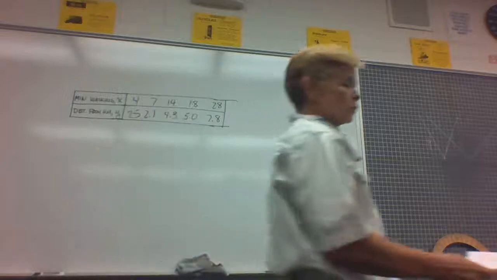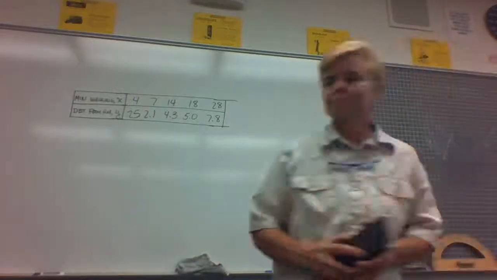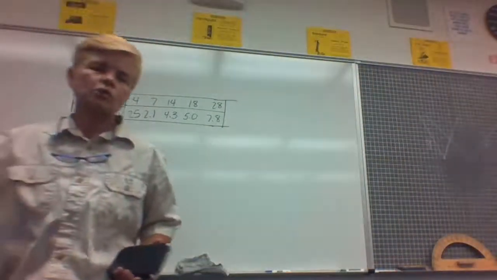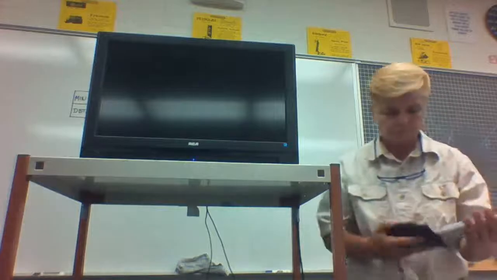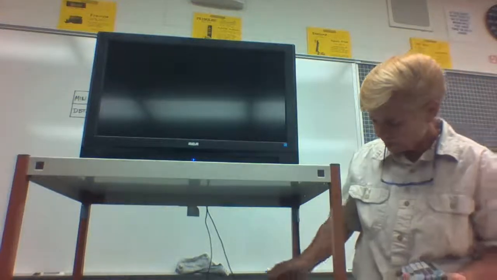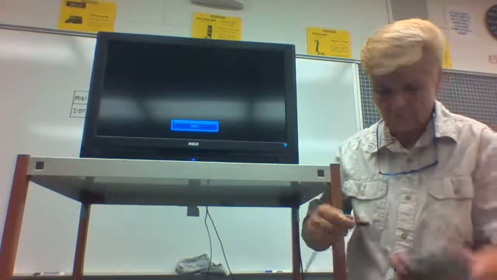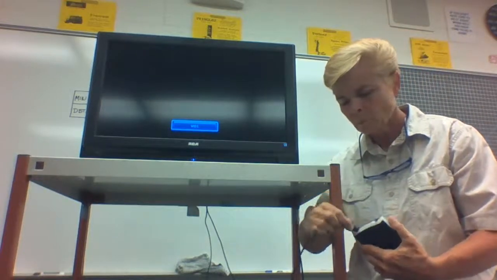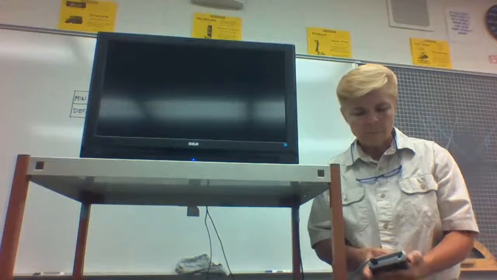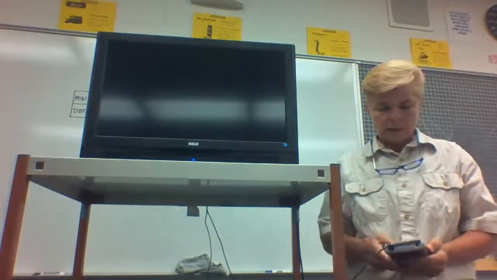So you would grab your calculator, enter that data in list 1 and list 2. From the stat editor, that's where you go first is stat. So we go stat, edit.